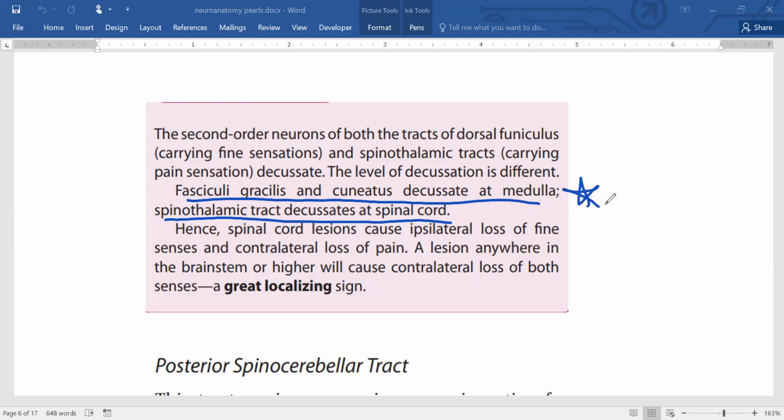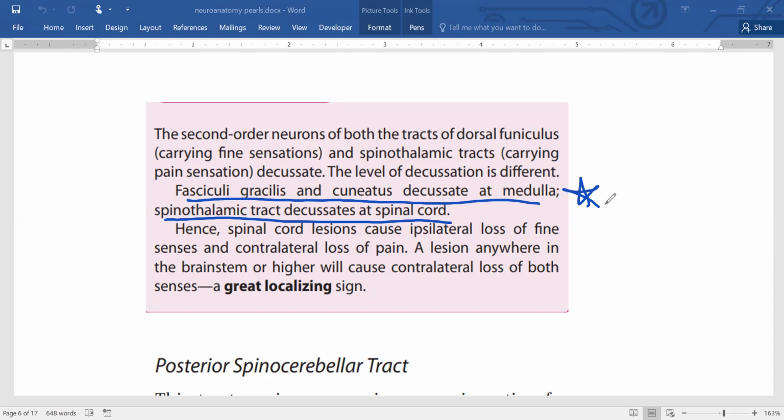Now here, spinal cord lesions cause ipsilateral loss of fine senses. So in case of the decussation, in spinal cord lesions, there is ipsilateral loss of the fine senses and contralateral loss of pain and temperature. A lesion anywhere in the brainstem or higher will cause contralateral loss of both senses. So this is a great localizing sign.